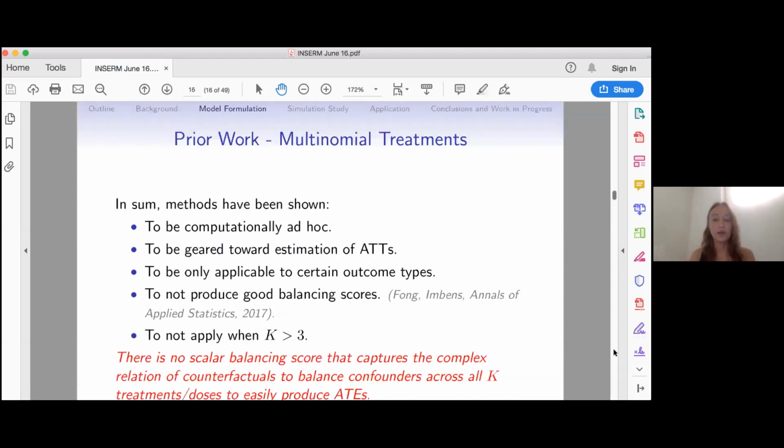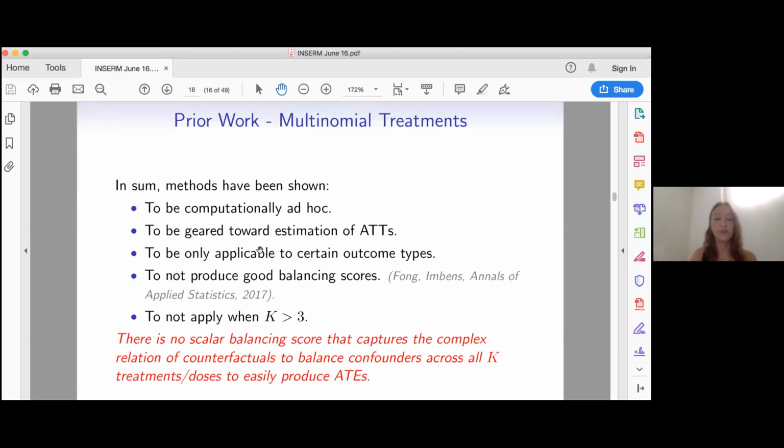Okay, so this is just to summarize. They're computationally ad hoc. They're geared toward estimation of ATTs and not really ATEs. I didn't get into that, but that's the case. They're often applicable to certain outcome types. It's been shown they don't necessarily produce good balancing scores, and often don't apply when K is larger than 3.